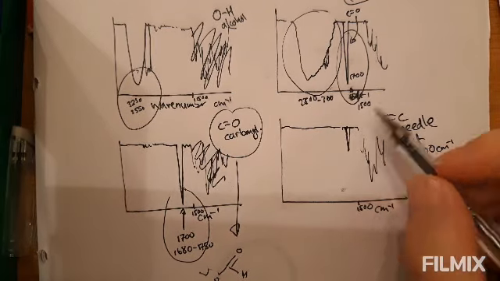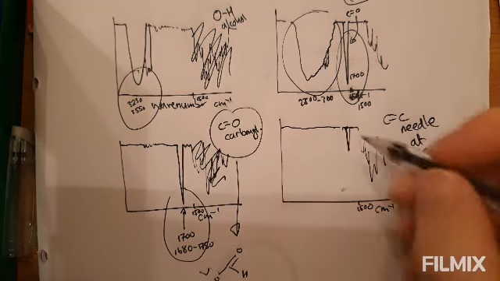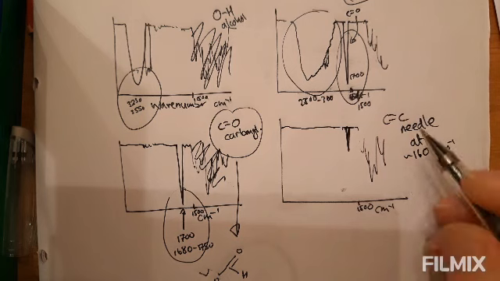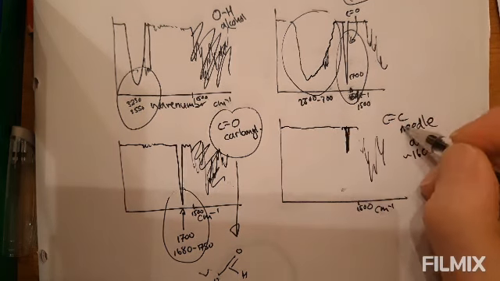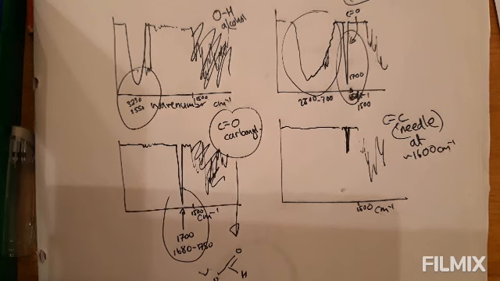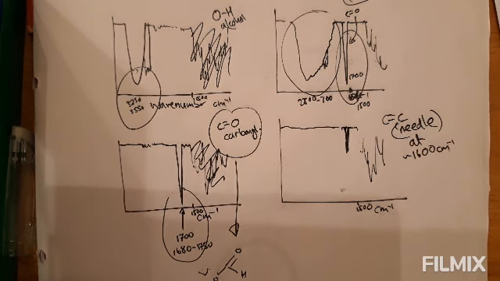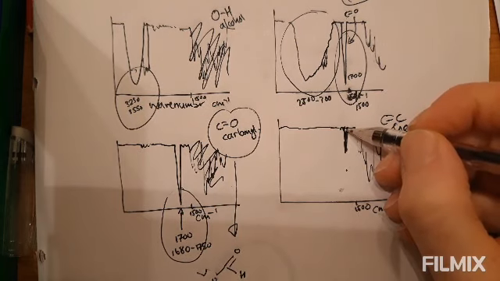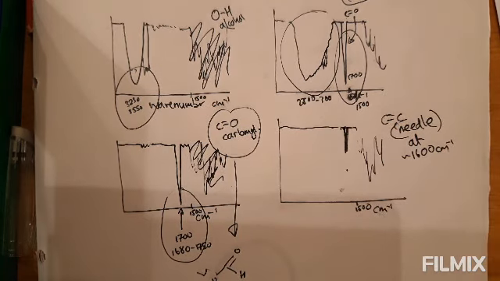It can be mistaken for a carbonyl peak, but it is typically shorter. It doesn't extend as far down as a carbonyl peak, and it is more needle-like, which is why my lecturer in university told us about the C=C needle at 1600. It's not always very small. Sometimes it comes down about halfway. Sometimes it's shorter than the one that I've drawn, but you're watching out for that needle at 1600.